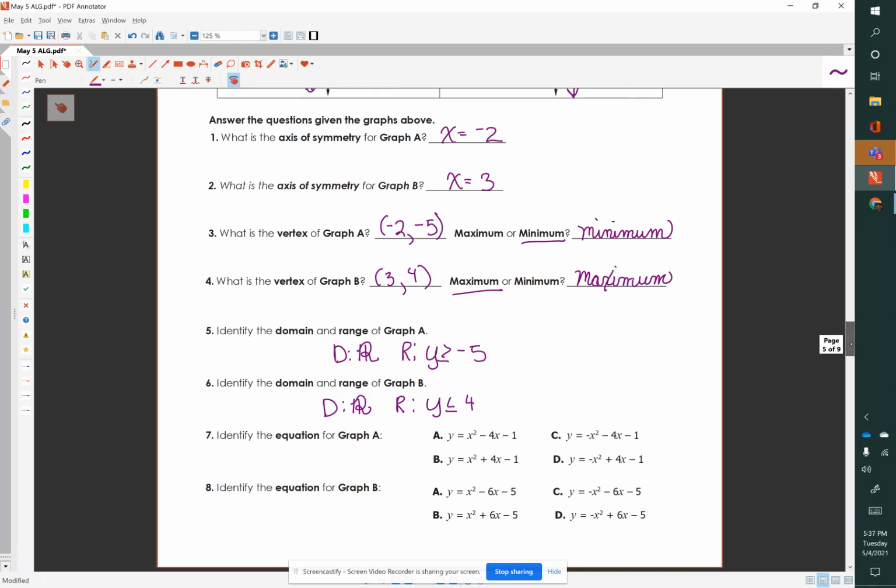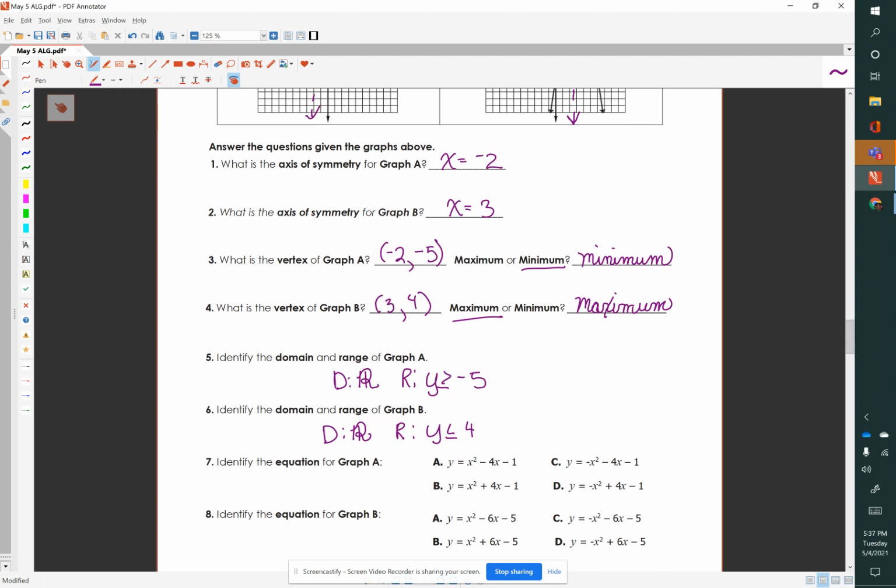Okay, so identify the equation for graph A. So take a look at those choices. Graph A has a positive A value, so it cannot be C and it cannot be D. So we're looking for an axis of symmetry of x equals -2.